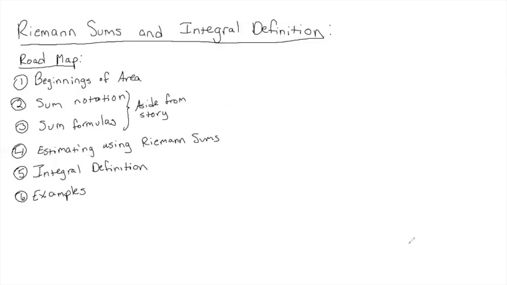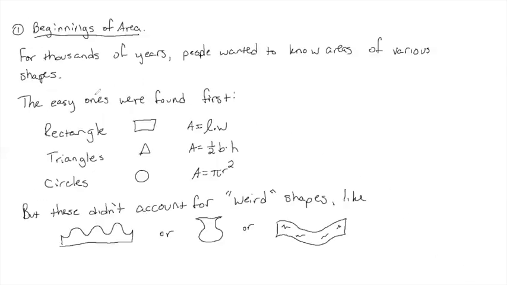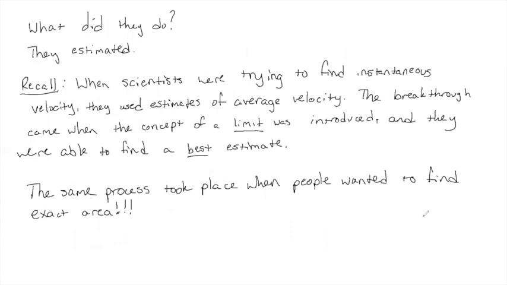Taking these areas here, in particular, this one, and using them to estimate. Then if we take a limit, we're going to get the right answer. We get exactly the area that we're looking for. That's sort of looking ahead at what we plan to do. Okay, so how are we going to do this? Let's look at a motivating example.